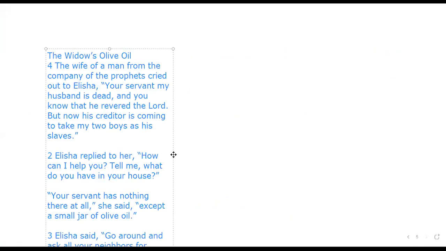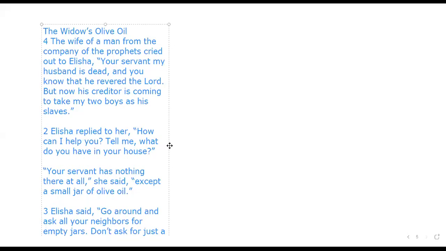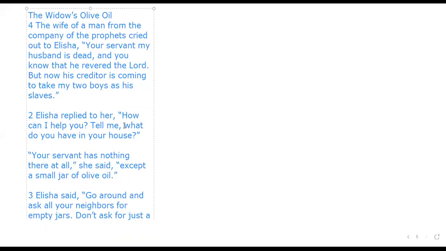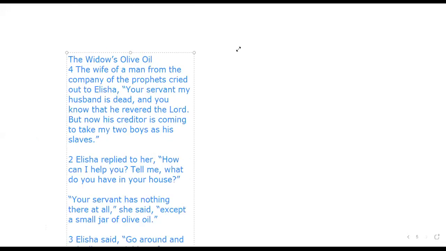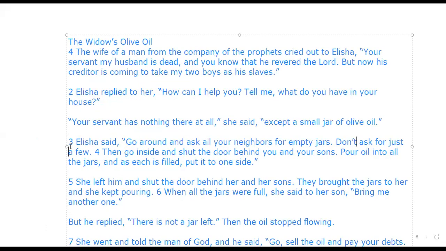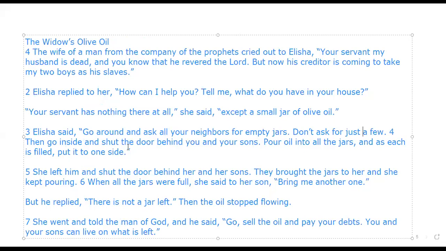Elisha and the widow's oil. A certain woman of the wives of the sons of the prophet cried out to Elisha, saying, Your servant my husband is dead, and you know that your servant feared the Lord, and the creditor is coming to take my two sons to be his slave. So Elisha said to her, What shall I do for you? Tell me, what do you have in the house? And she said, Your maidservant has nothing in the house but a jar of oil. Then he said, Go borrow vessels from everywhere, from all your neighbors, empty vessels.